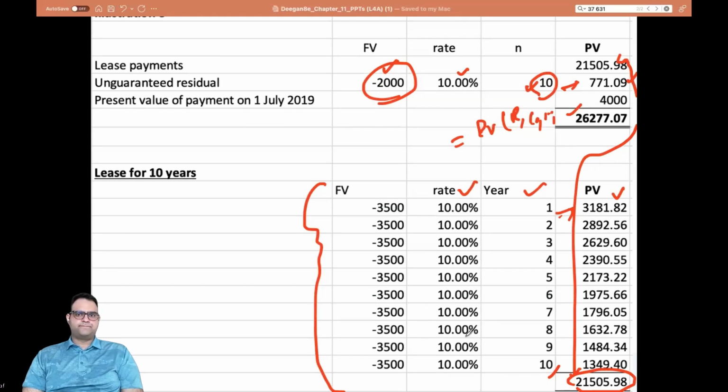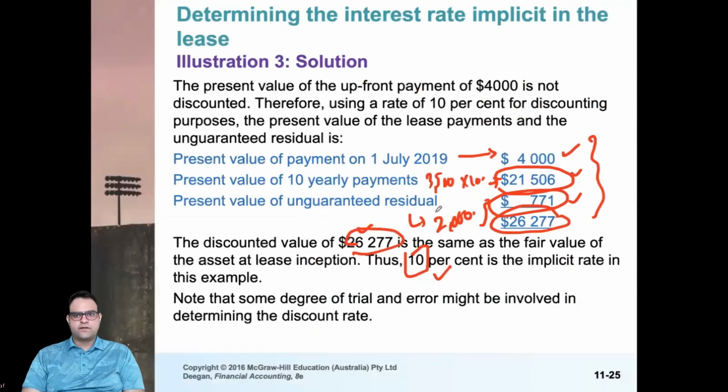So in this way, we try to understand that we can calculate the rate of return or the interest rate if the present value is given. In this question, they do not ask you for the present value of the initial payment. It was already given, which is 26,277.